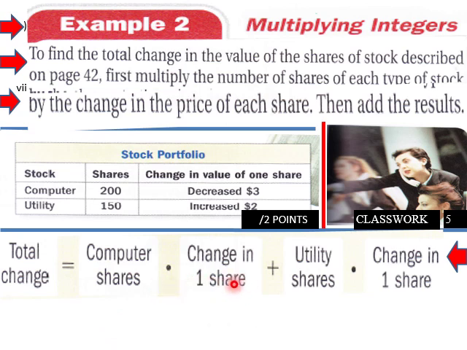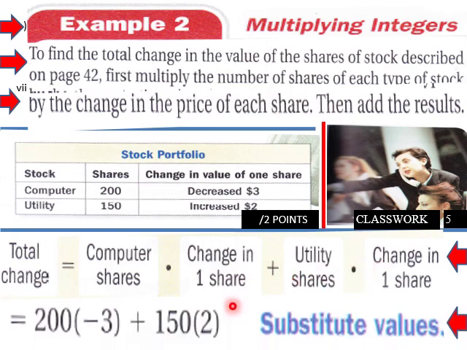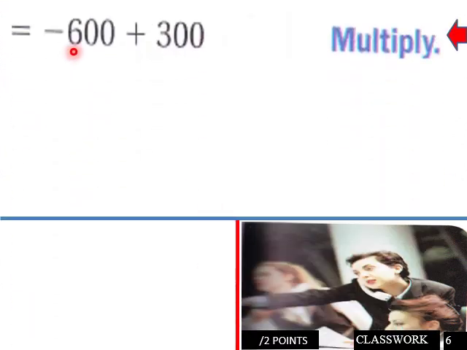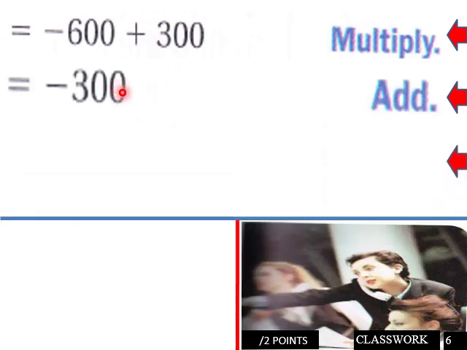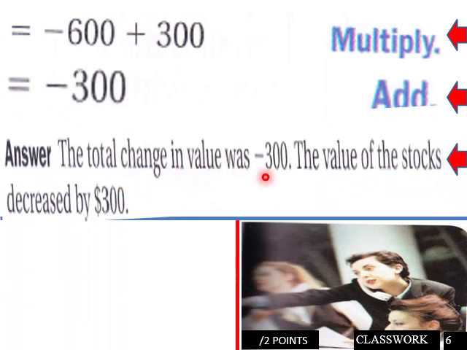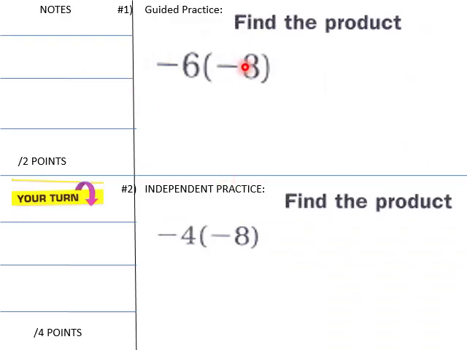So we're going to substitute that into our verbal model here: total change, computer shares times negative 3, and then utility shares times positive 2. So what's that? They went down by 300.